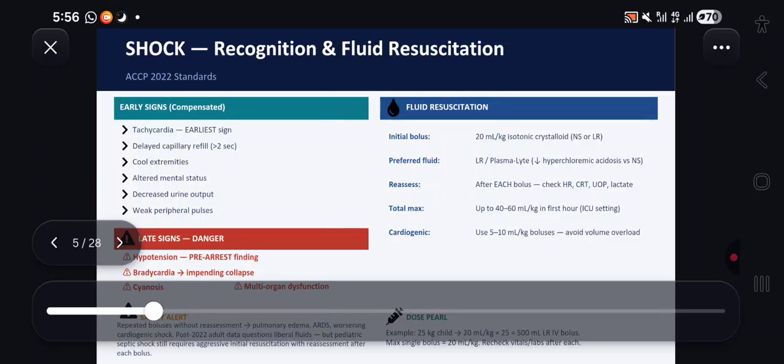But Plasma-Lyte is much closer to the blood composition, so it is preferred according to the latest guideline, and lactated Ringer's can also be an alternative.